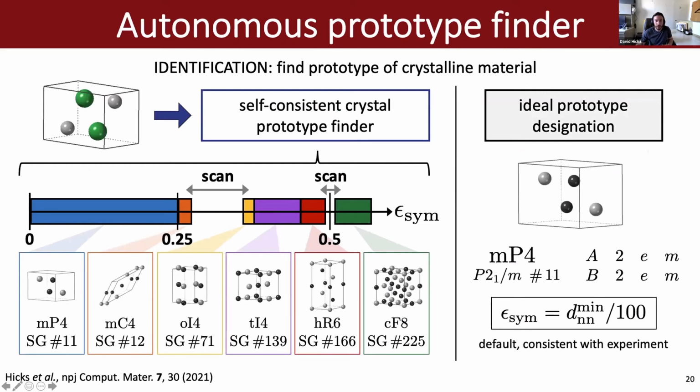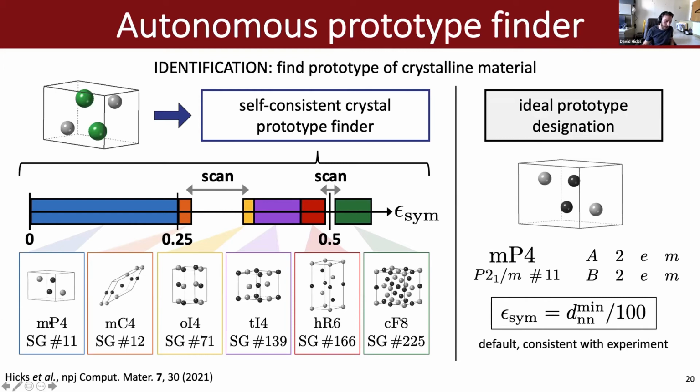And so the first thing that I want to mention about XtalFinder is that we have this automatic prototyping tool. So again, related to this prototyping scheme, basically given an input structure, we can determine what the prototype is. So again, this label and these degrees of freedom. And again, related to this symmetry tolerance idea, depending on what your symmetry tolerance is, you can find different prototype structures.